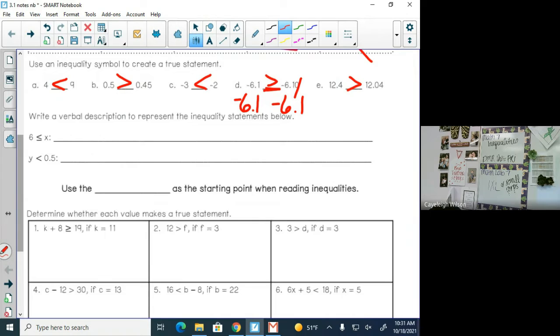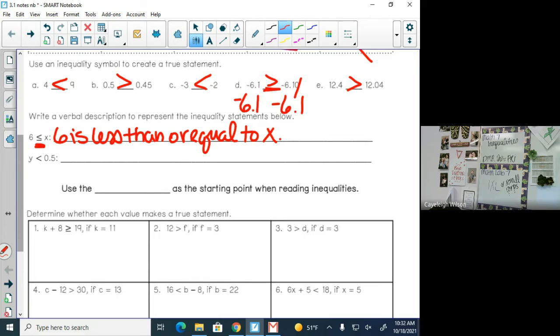So this could read 6 is less than. What does this mean right here? Equal. Or equal to x. So you can read this as 6 is less than or equal to x. But Sophia's looking at it and she wants to read it the other way, so she wants to start with this x.